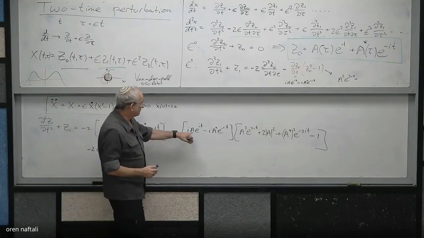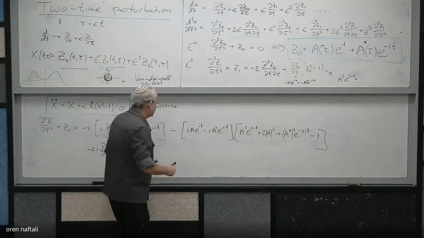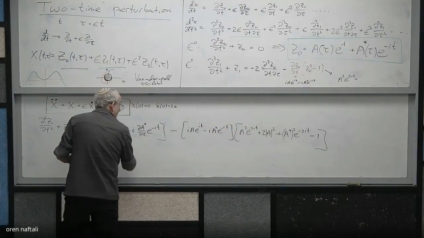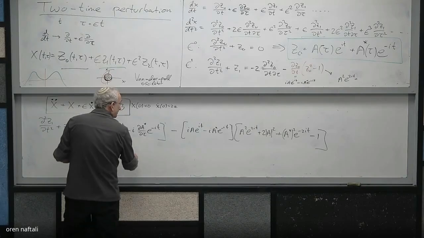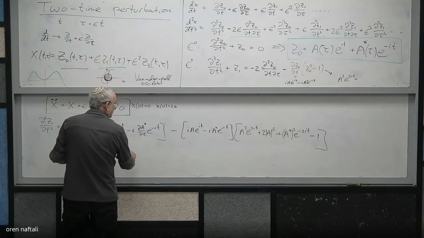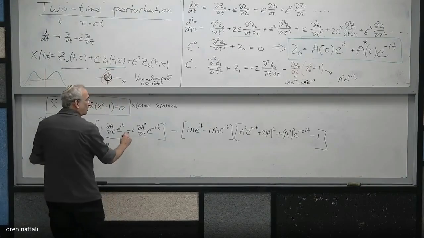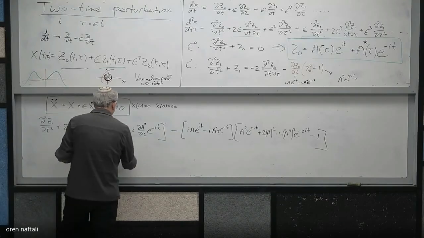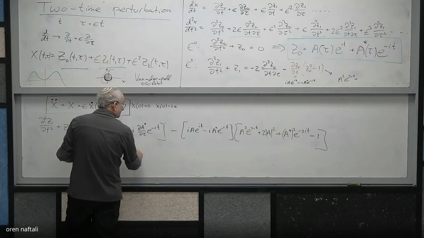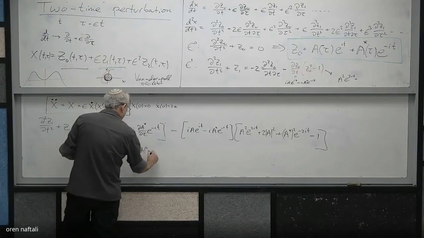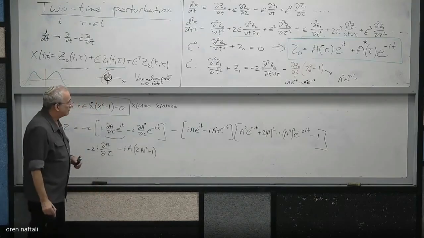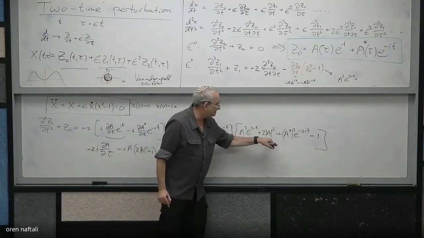First of all, we have this times 1. Also times 2|A|^2. So minus iA times 2|A|^2 minus 1, which means this plus that and that.